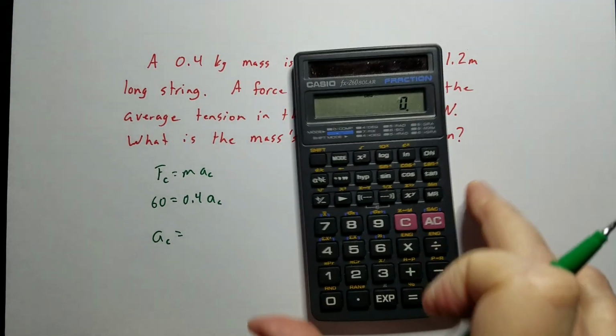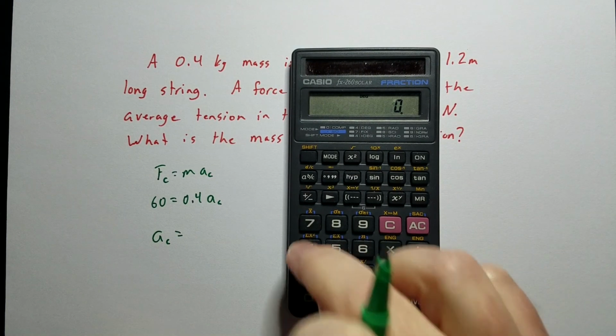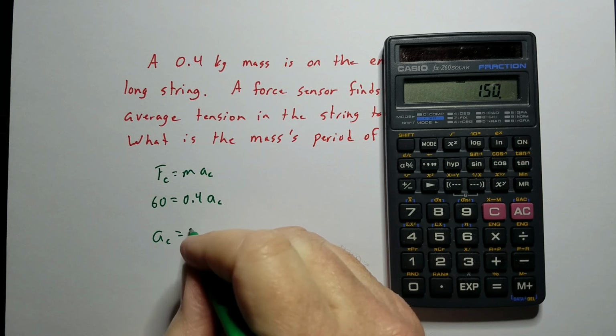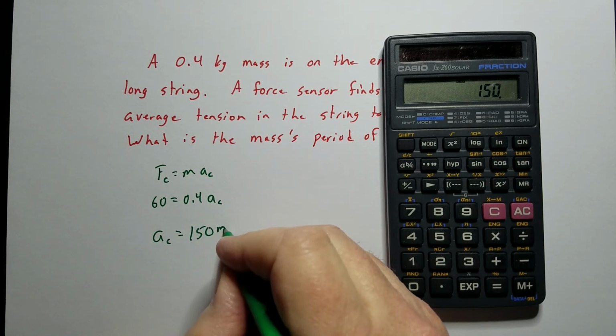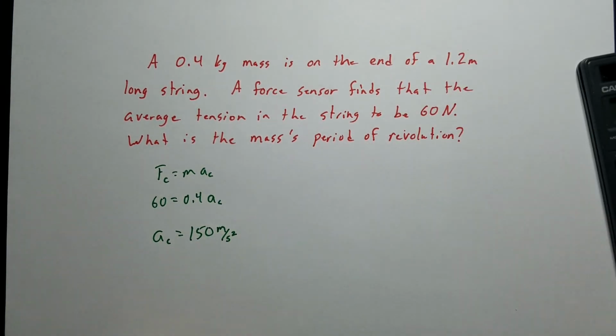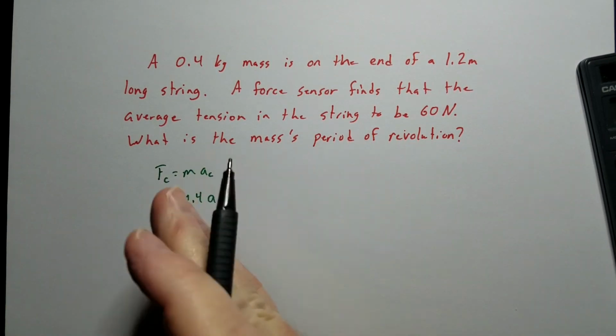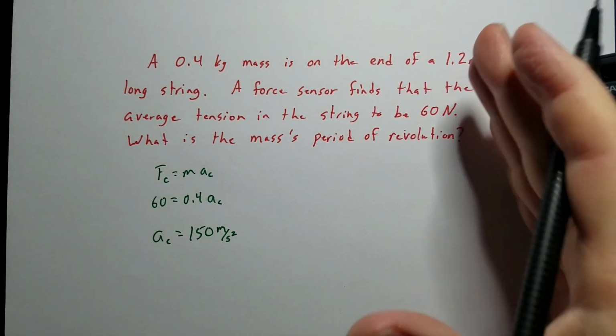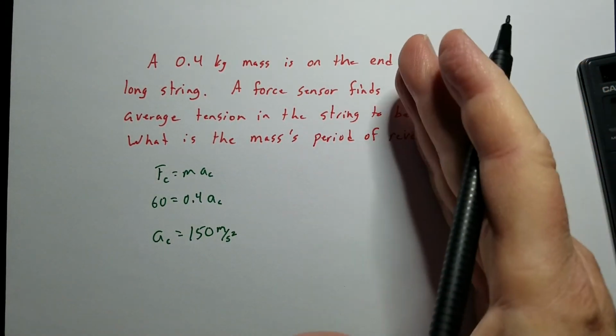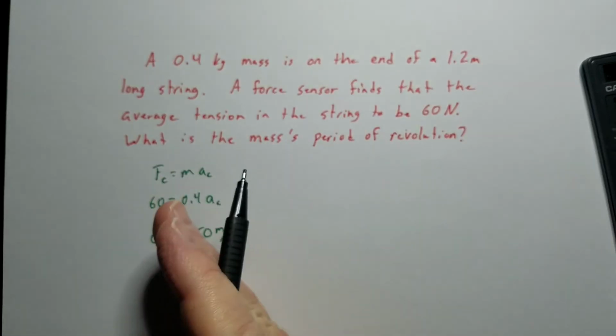Divide both sides by 0.4, and we get an acceleration of 150 meters per second squared. All right, so we got that part. Going one way, we had period, velocity, acceleration, force. So the other way is force, acceleration, velocity, period.